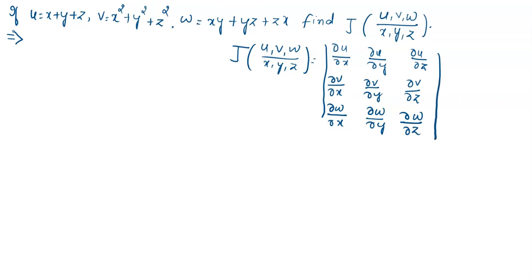Here, what are the things which we have to find out? All first order partial derivatives of the functions u, v and w with respect to x, y and z.